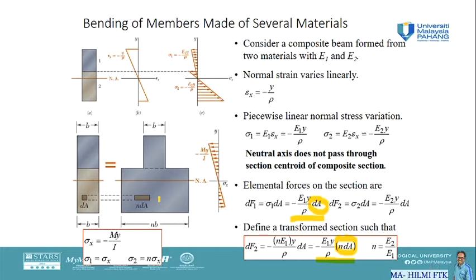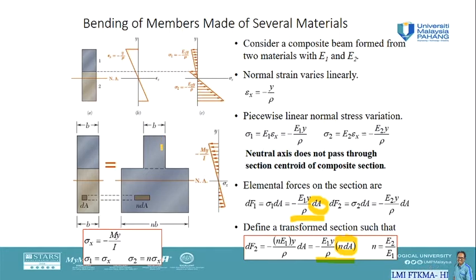First we need to find the neutral axis of the section, then the second moment of area, and then we can find the normal stress at various distances y from the neutral axis of this transformed section.